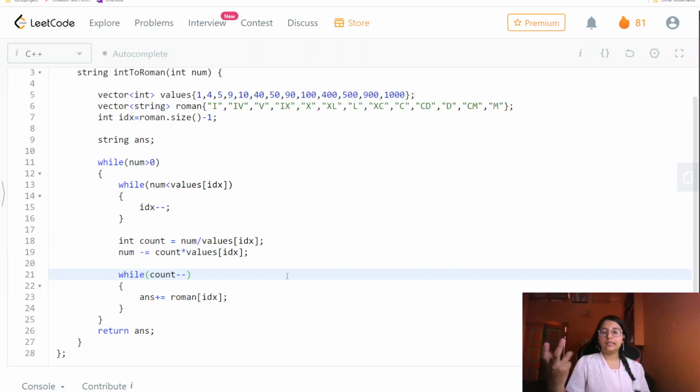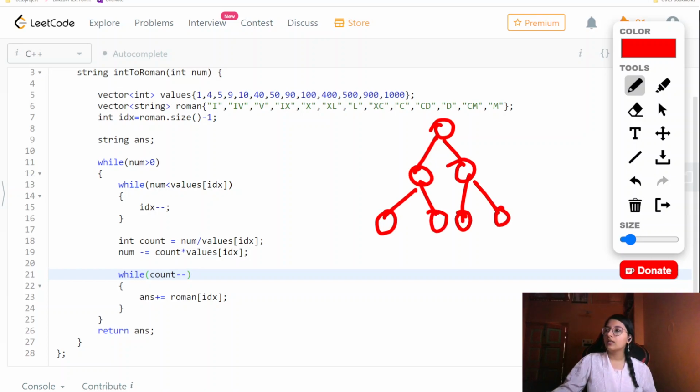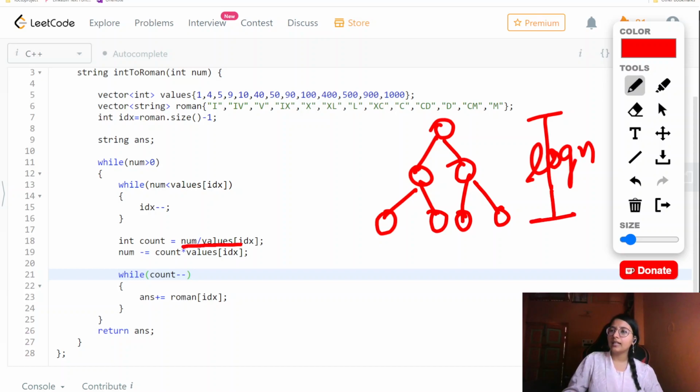It is somehow like a tree. In a binary tree, we all know it is always divided, right? So that's why our height becomes log of n, because we are dividing corresponding to a value of I.